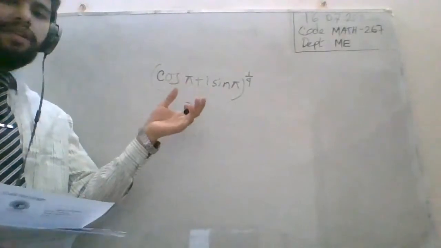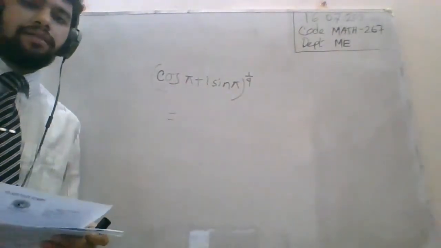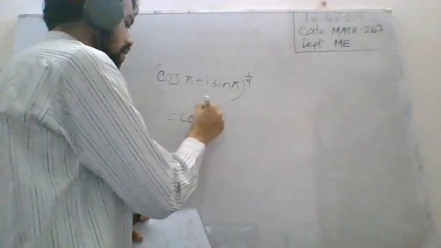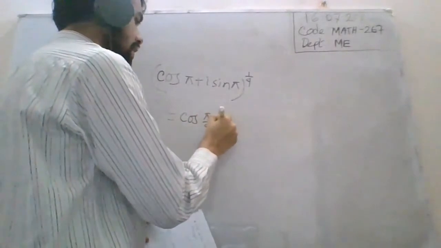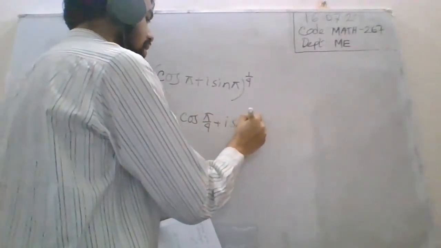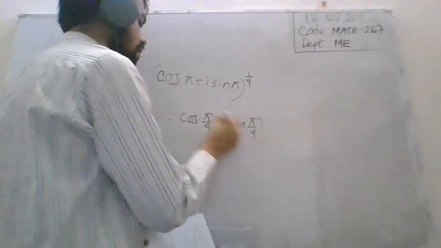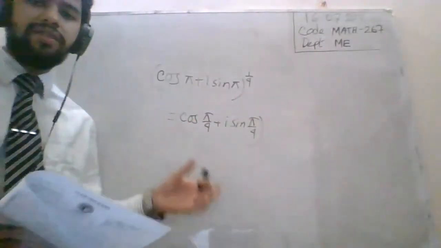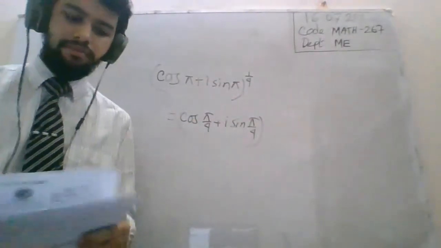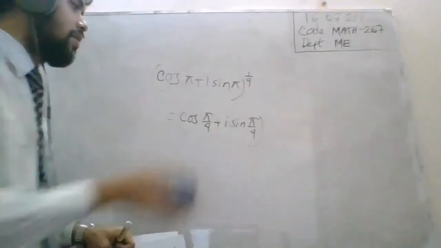Cos theta plus I sin theta to the power n. So cos pi by 4 plus I sin pi by 4 by using de Moivre's theorem, isn't it? Yes, sir. Okay, we got this by applying de Moivre's theorem.